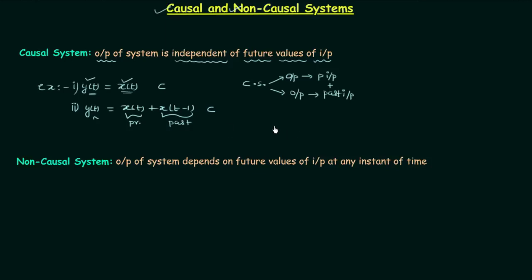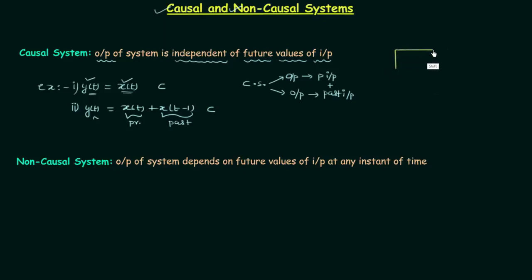So I hope you now understand what are causal systems, but there is one more point regarding the causal system which we must understand before moving to the non-causal systems. All real life systems, or we can say all practical or physically realizable systems, are causal systems. Let's take one example to understand this point.